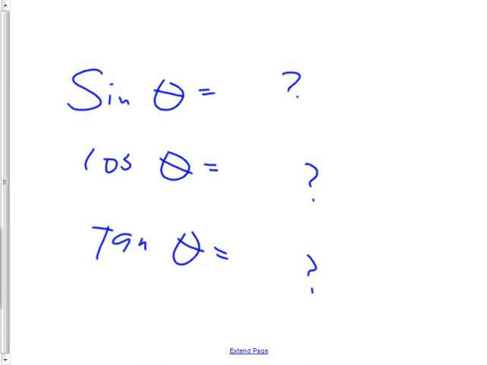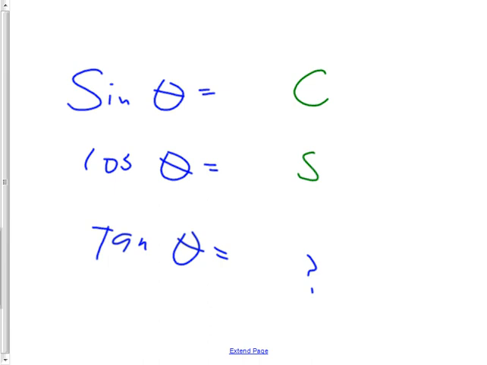You may remember that I said that S goes with C and C goes with S. S goes with a C function and the C goes with an S function. And then tangent's the only one that seems logical to me.